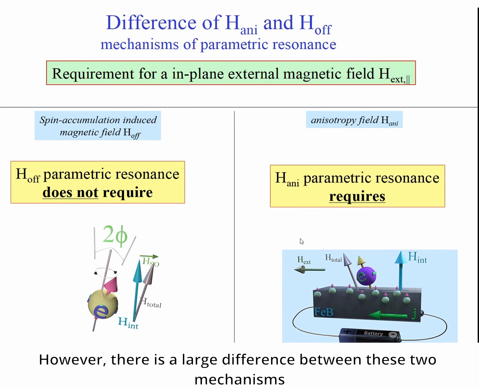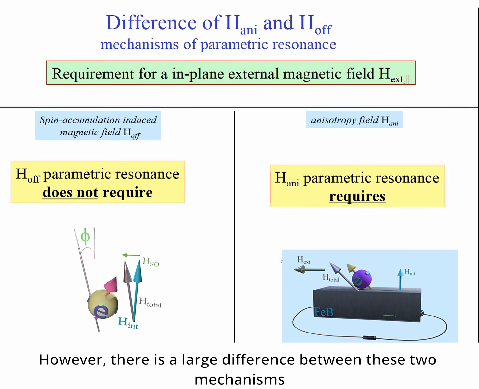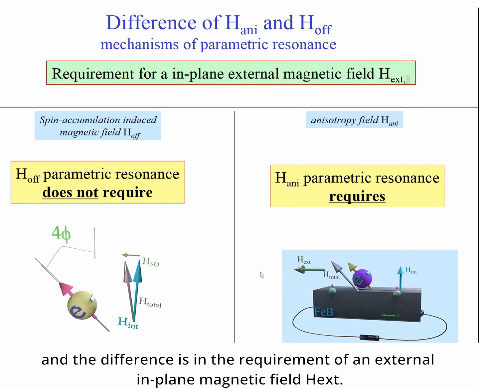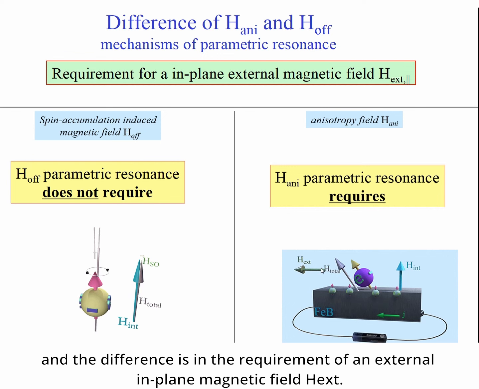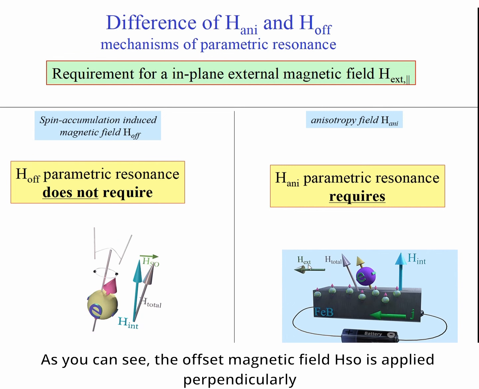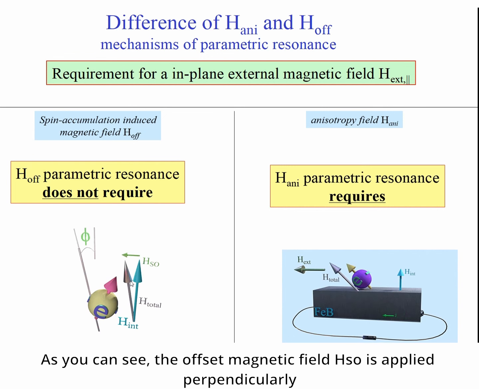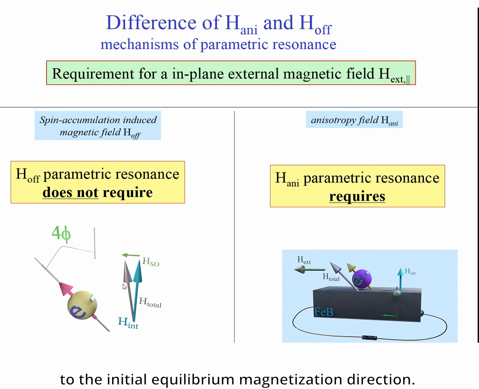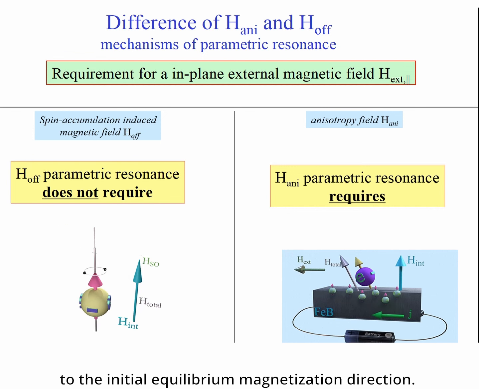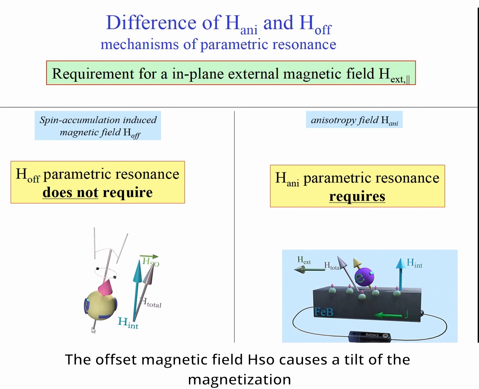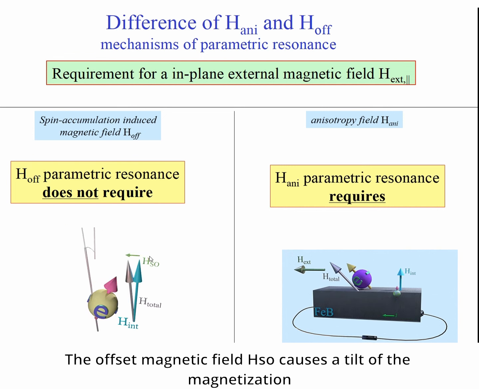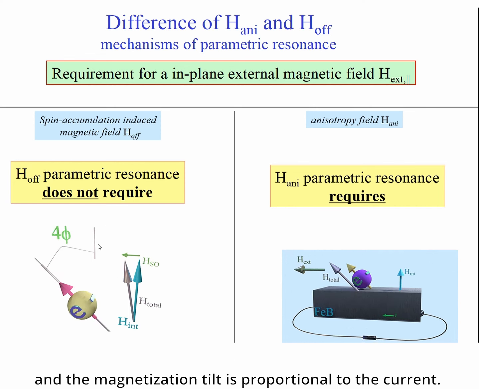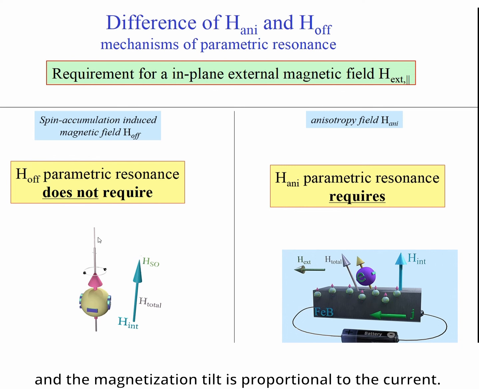However, there is a large difference between these two mechanisms, and the difference is in the requirement of external in-plane magnetic field. As you can see here, the offset magnetic field SCO is applied perpendicularly to the initial equilibrium magnetization direction. The offset magnetic field SCO causes a tilt of the magnetization, and the magnetization tilt is proportional to the current.